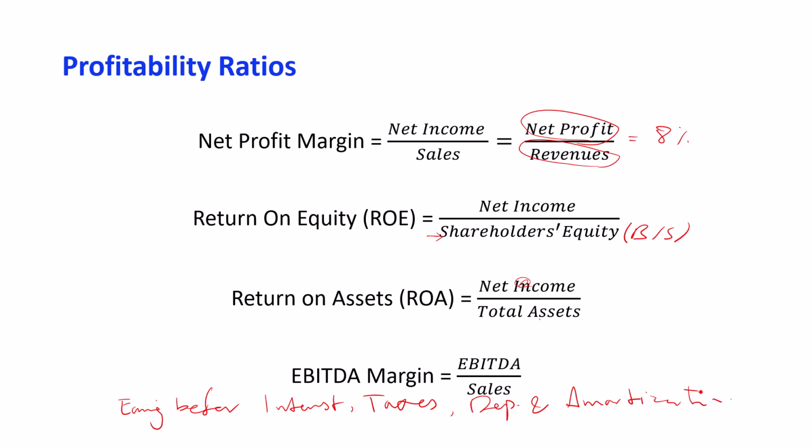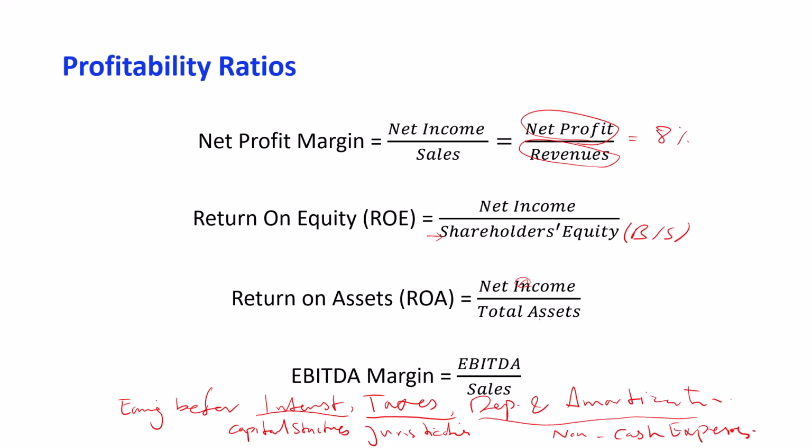Right? So what I'm trying to say is that this EBITDA removes the effect of different capital structures and the jurisdictions from tax purposes and non-cash expenses, right?